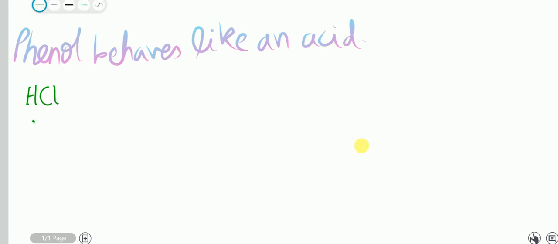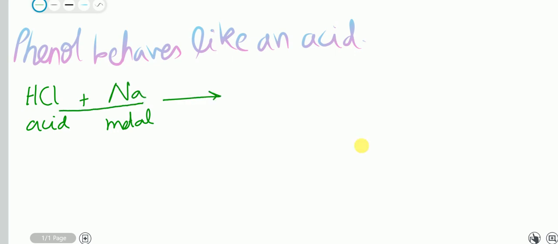Alright, this is an acid, and if you react it with a metal, which is sodium, this reaction will give us Na and Cl combining to give a neutral salt, plus we would have hydrogen gas produced over here as well, right?